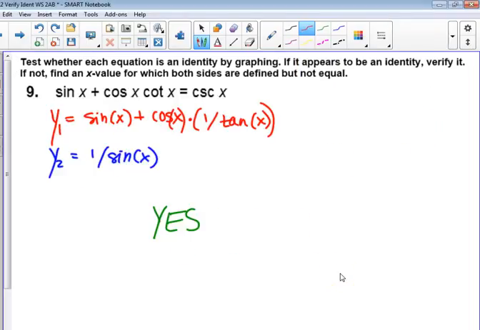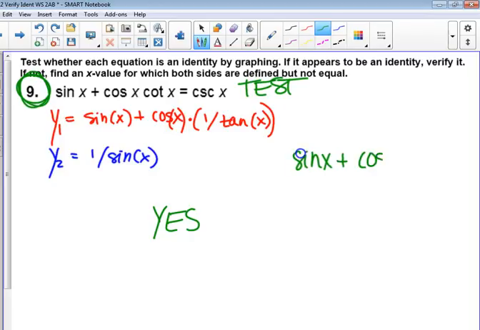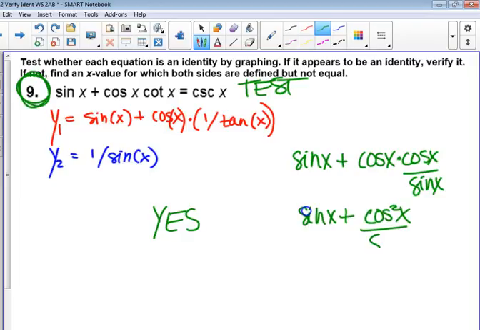All right, I'm going to go back and verify this question. This is another one that would make a really good test question, okay? If you had sine x plus cosine x times, what do you want to trade for cotangent? Now what do you have? Sine squared plus cosine squared over sine.